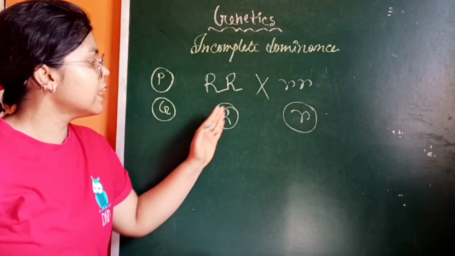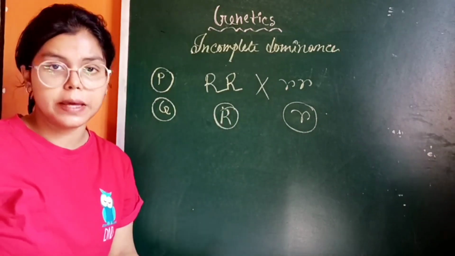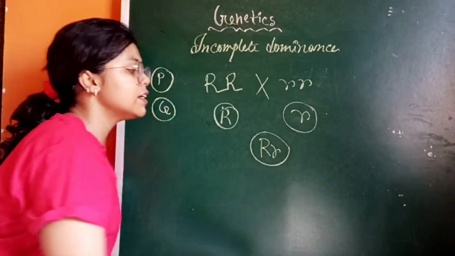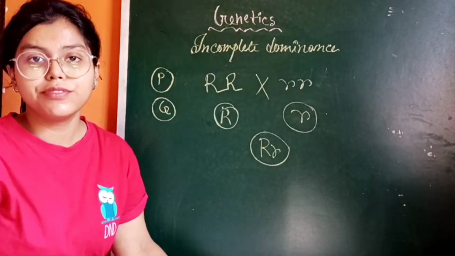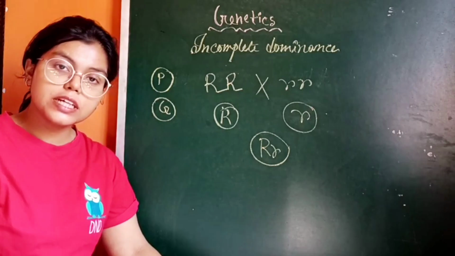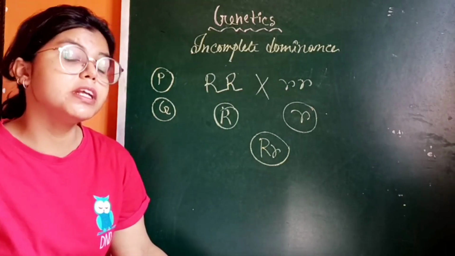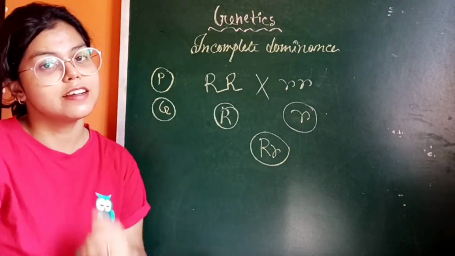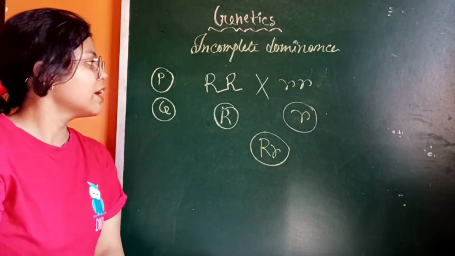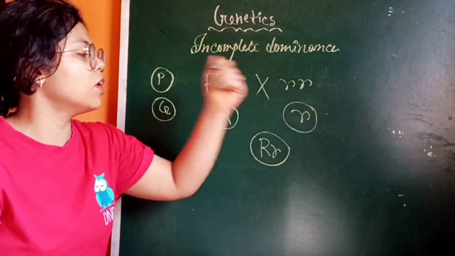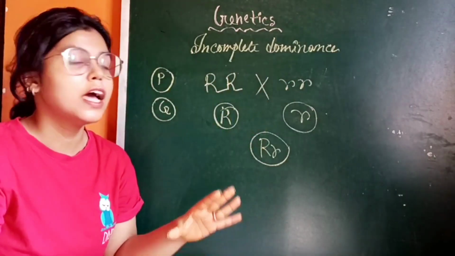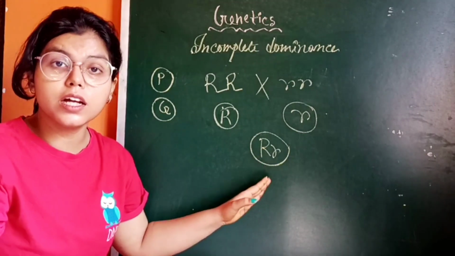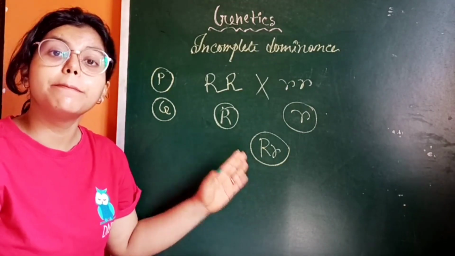So then after crossing between them, at the F1 generation he got pink color flowers, which is the intermediate characteristic between red and white. So here capital R small r, and he got the intermediate color flower, which is pink.